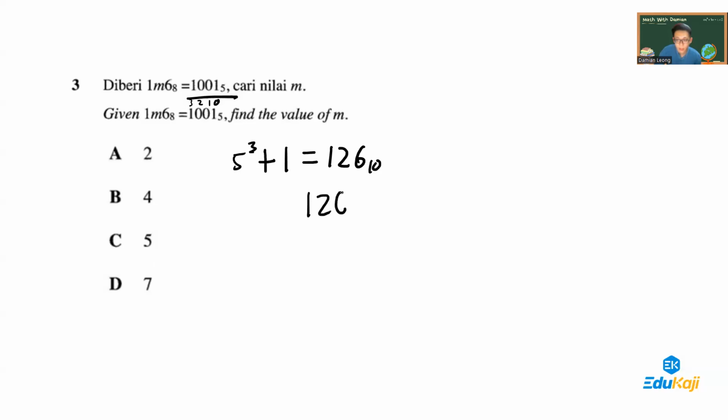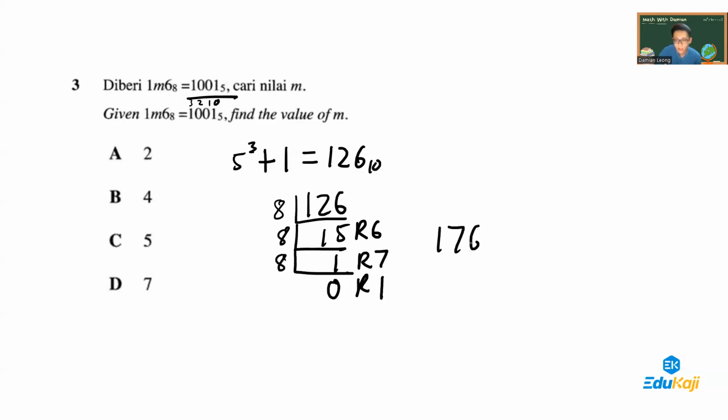To convert from base 10 to base 8, I divide by the base number. Divide by 8, which is 15, remainder 6. Divide by 8 again, 1, remainder 7. Divide by 8, 0, remainder 1. So it's 176 in base 8. Compare with this, M should be 7. Answer D.